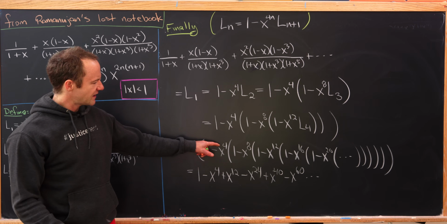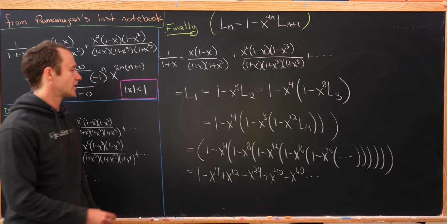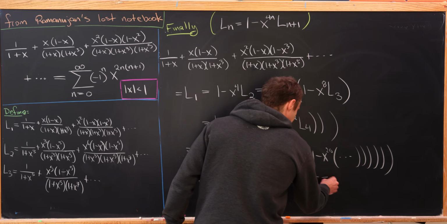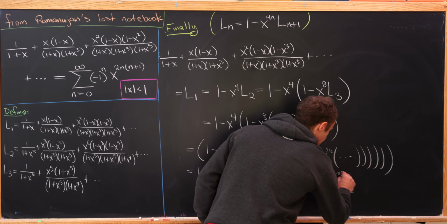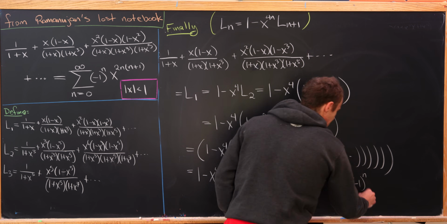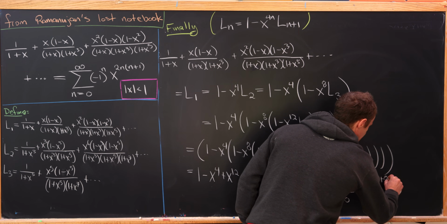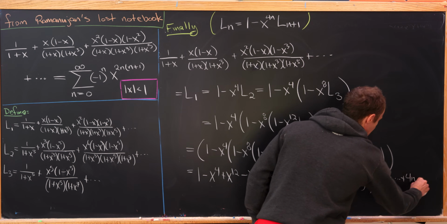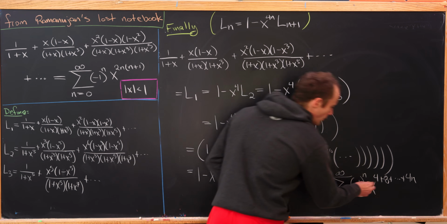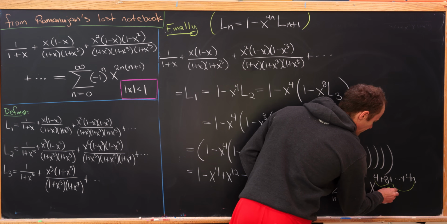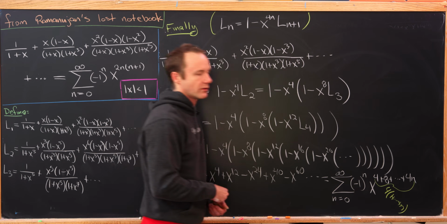But if we think about this as 4 times 1, 4 times 2, 4 times 3, and so on and so forth, what we actually get here is the sum, as n goes from 0 to infinity, of minus 1 to the n, and then x to the 4 plus 8 plus added all the way up to 4 times n. But now what we can do here is factor a 4 out, and we'll get the triangular number 1 plus 2 all the way up to n.